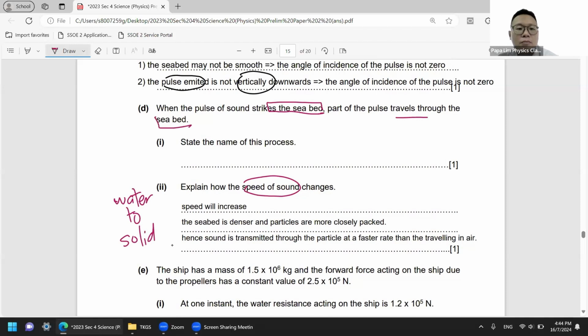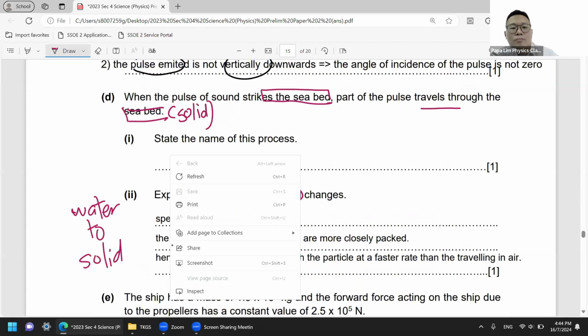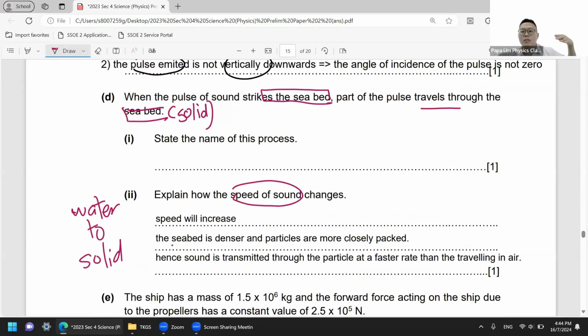The seabed is what we know as a solid. Before traveling through the seabed, it was traveling through the sea, which is water, which is liquid. So it's traveling from liquid to solid, and we all know that for sound, from liquid to solid, being densely and closely packed, the speed of sound will increase. So the speed of sound will increase when it enters the solid medium.